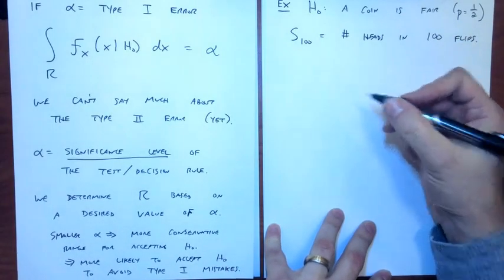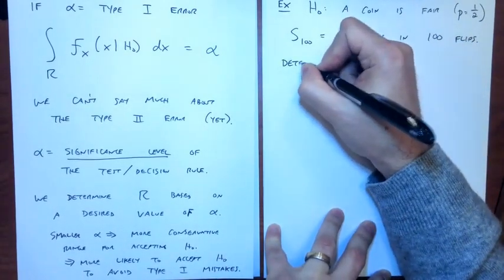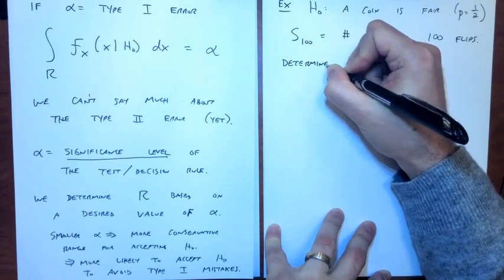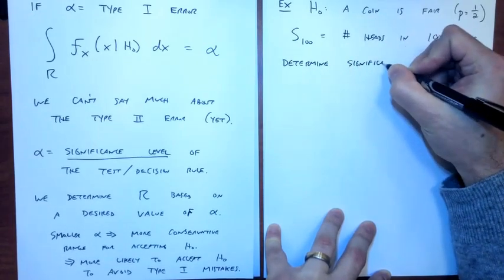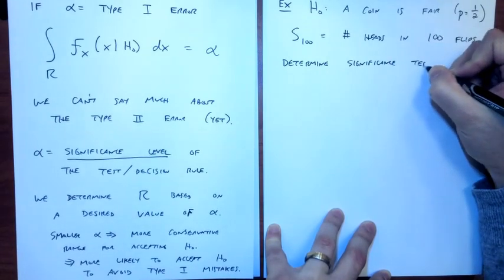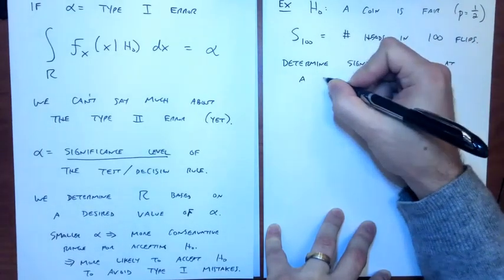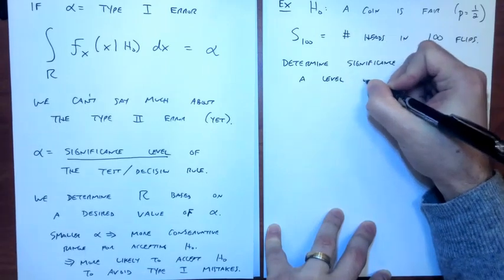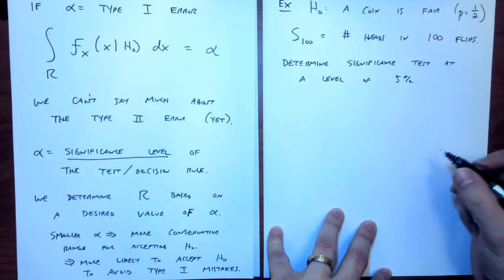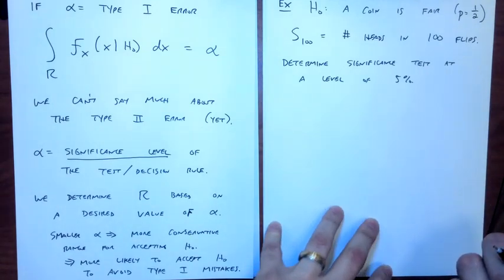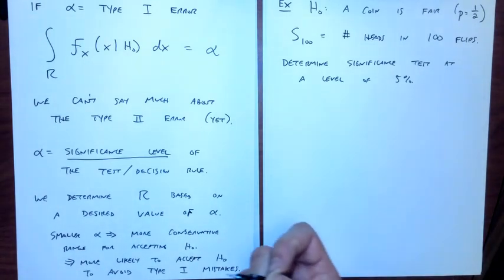And now the problem I'm going to solve is to determine the significance test at a level of 5%. What that means is that my alpha is going to be equal to 0.05.